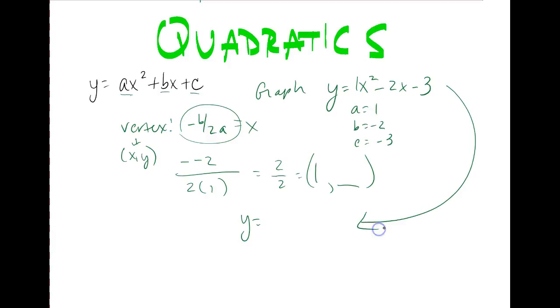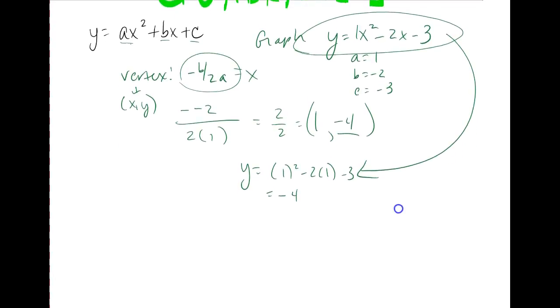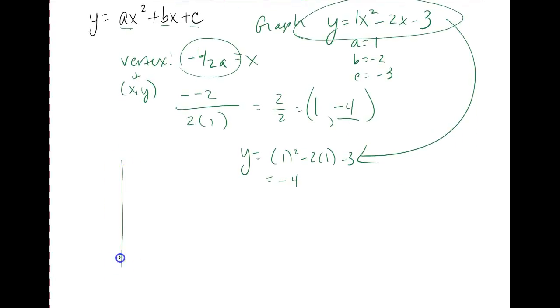So I'm going to take this original equation and plug in the 1 that I just found: 1 squared minus 2 times 1 minus 3. That gives me 1 minus 2 minus 3, which is -4. So the vertex is at (1, -4). If we want, we can even start a graph right now.